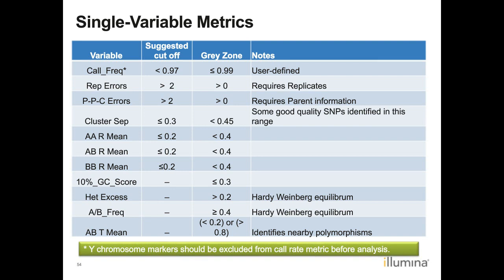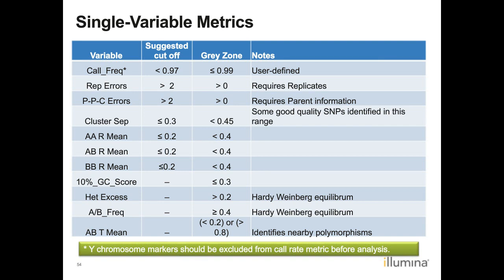Errors and PPC errors, as I mentioned before, if you have replicate samples or Mendelian analysis samples, parents and children, you may want to look at SNPs that have Mendelian conflicts or show conflicting genotypes between replicates. Similarly, you can look at all these other statistics.